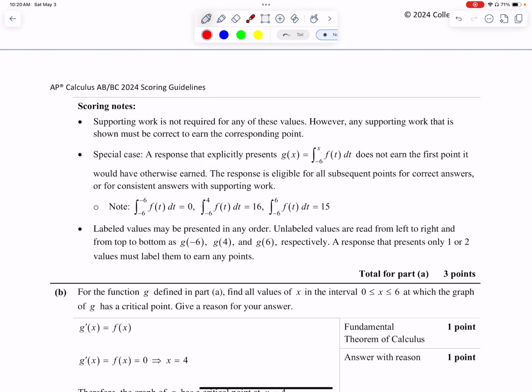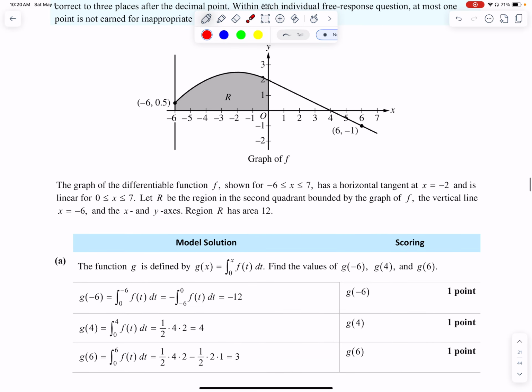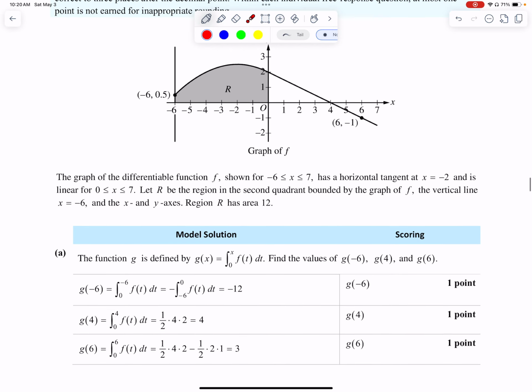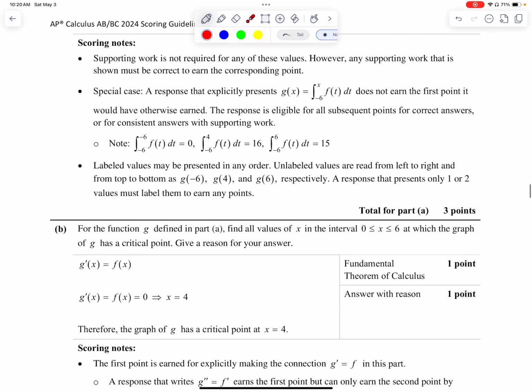Oh, wait, because of the negative 6 that's there, right? Because the original thing didn't have the negative 6. No, it had 0, right? Okay, so someone's being brainless here and plugging in negative 6 there. The response is eligible for all subsequent points for correct answers or consistent work with supporting work.